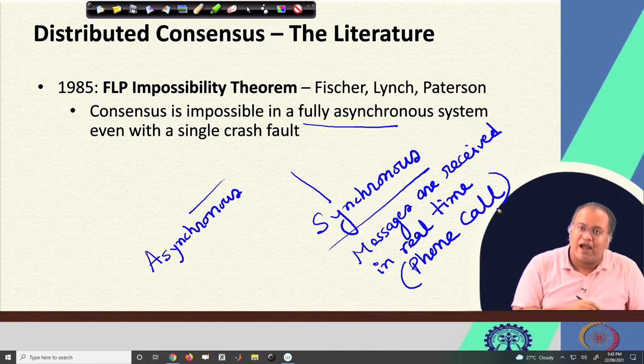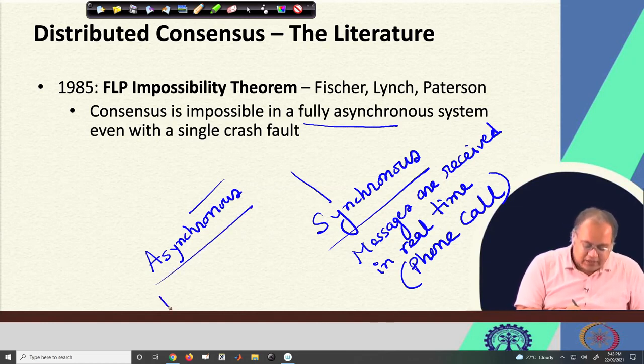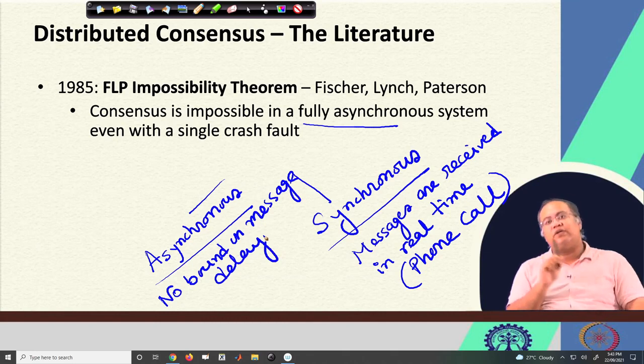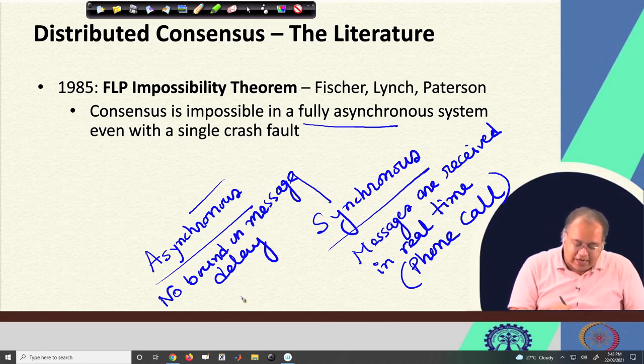But on the other hand, an asynchronous system means there is no bound on message delay. That means whenever you send a message, you do not know when that message will get delivered. You can take the example of an SMS.